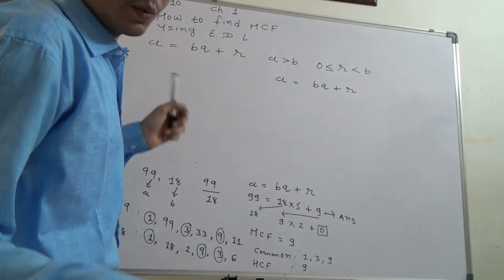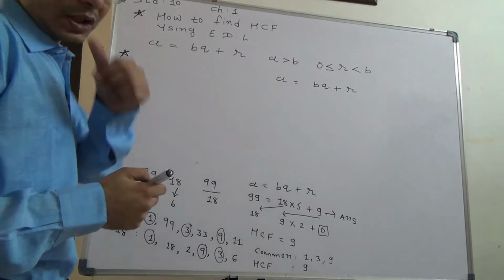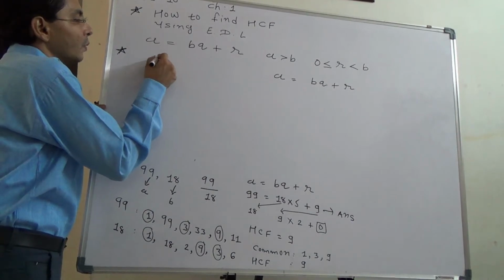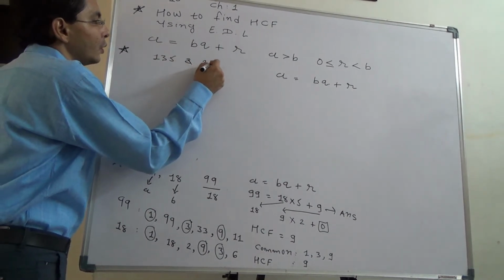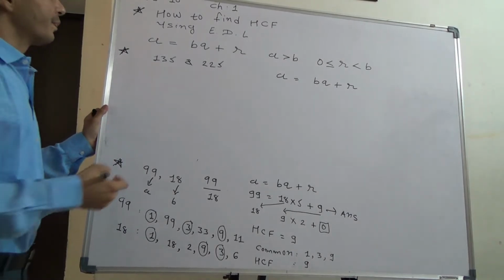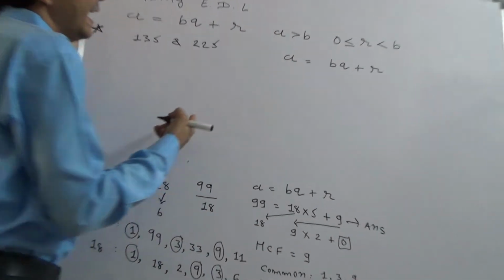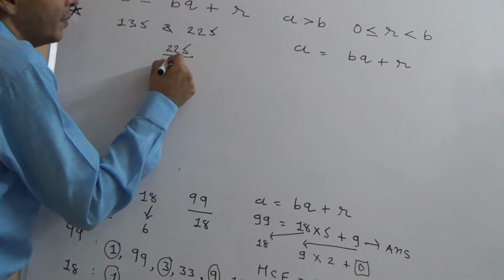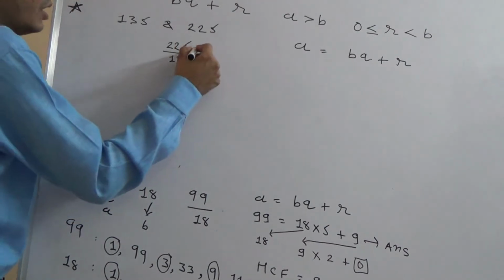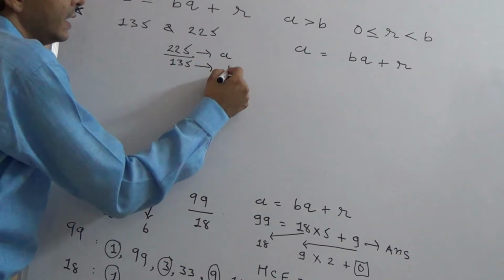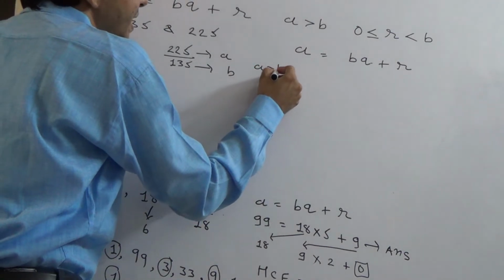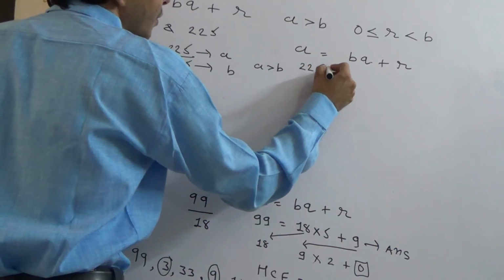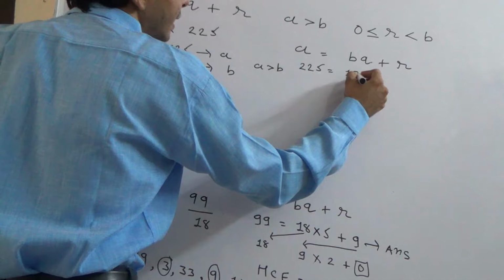In Exercise 1.1 of your textbook, the first question is 135 and 225. As per our condition, A is greater than B, so our A is 225 and our B is 135.